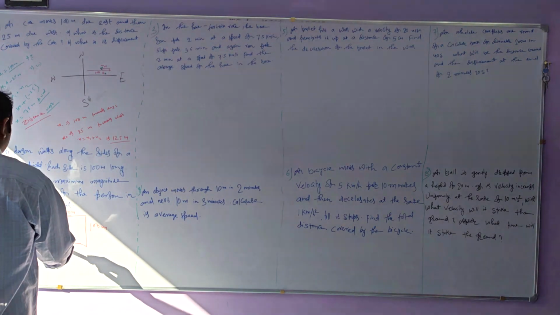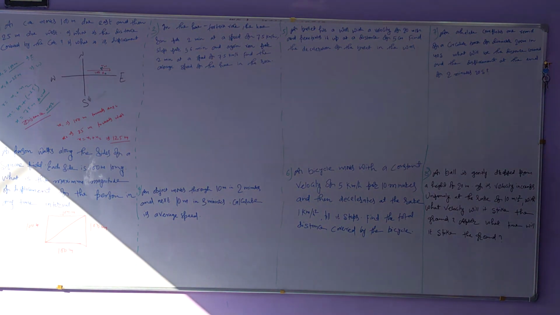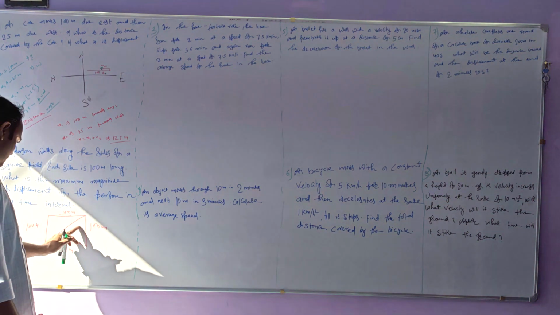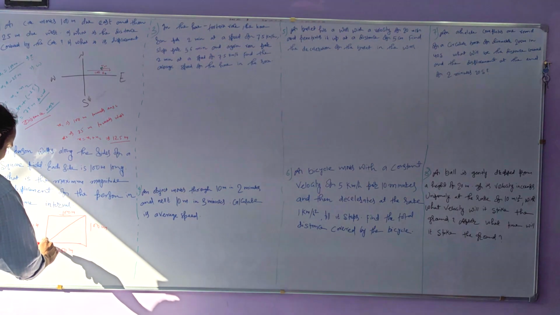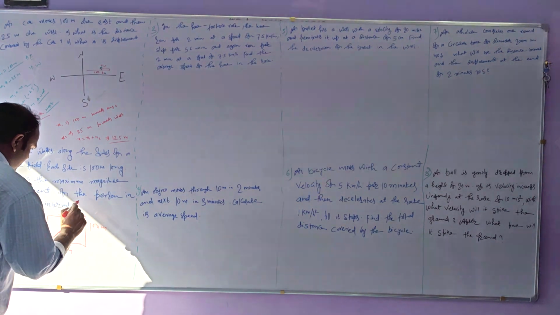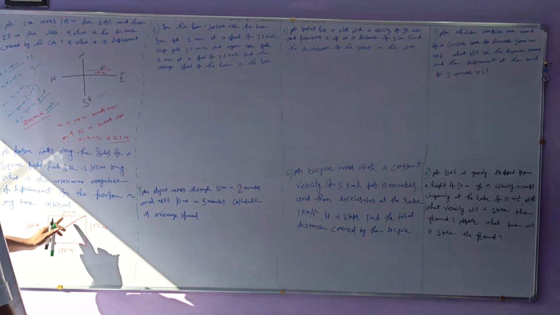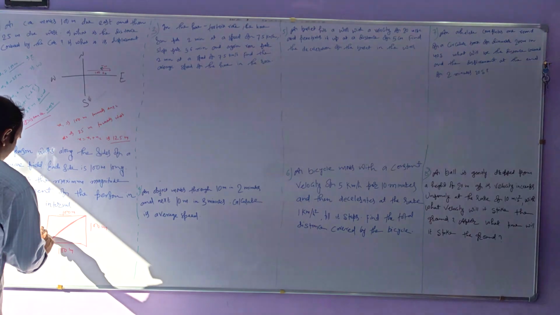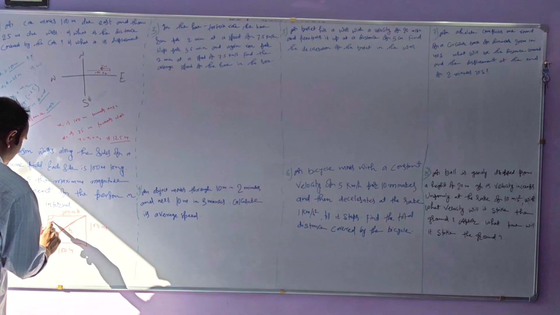That means we have a short distance in this line. When we consider a right angle triangle, this becomes the hypotenuse, with perpendicular and base, and that is 90 degree.